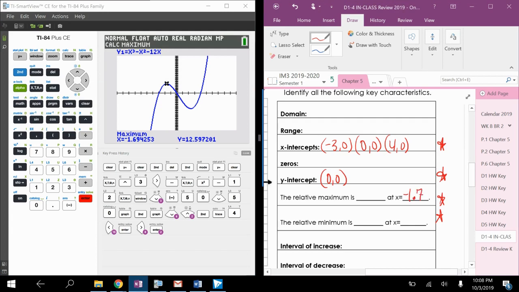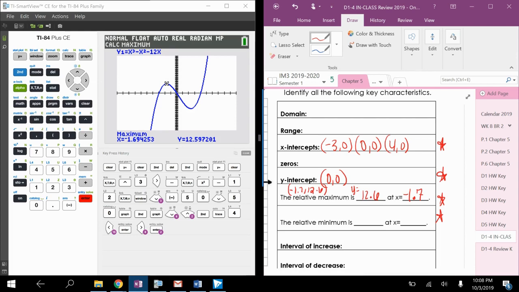And our y value, remember this is always your y value, of 12, let's say 0.6, because we rounded. Remember our maximum here is technically at negative 1.7 comma 12.6, but when we write it in the statement, it has a relative max at the value of 12.6 when x is negative 1.7.